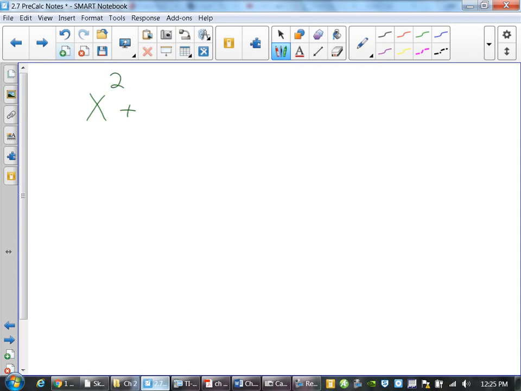What is it? X squared plus x. You probably did this last year when you dealt with quadratics. At the very end of quadratics, you might have done some shaded region problems.